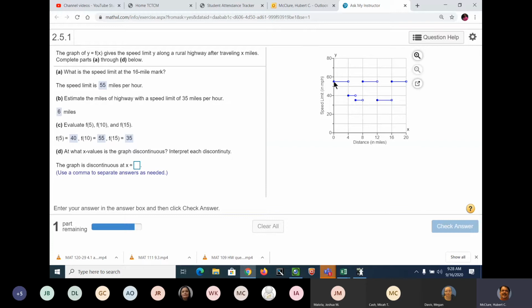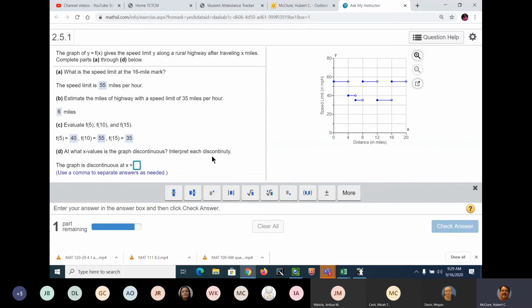I would say from 0 up to 20 is continuous, because the filled in circle cancels out this open circle. This one cancels that one out. This one cancels this one out. This one cancels this one out, and this one cancels this one out. But the problem is 20 is not inclusive. So I would say up to 20. But it says it's discontinuous. I would say at 20.